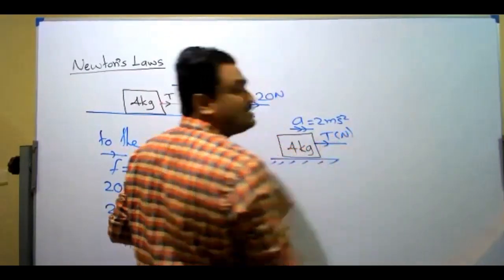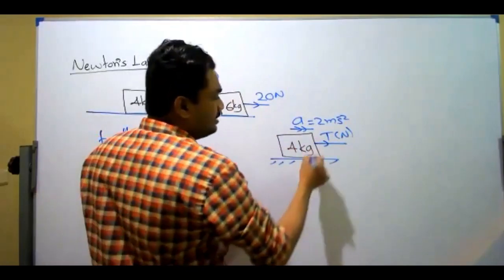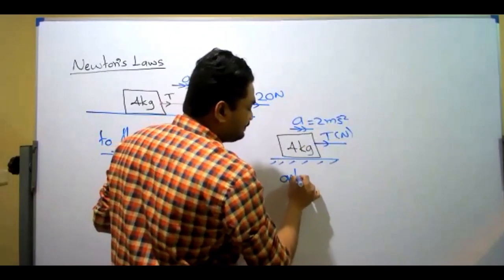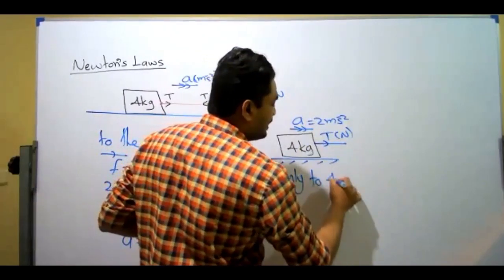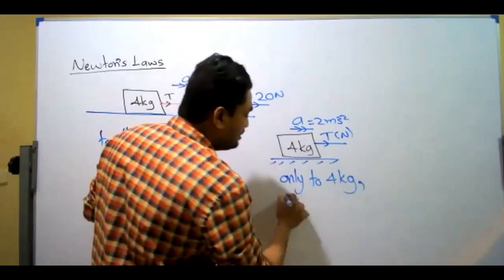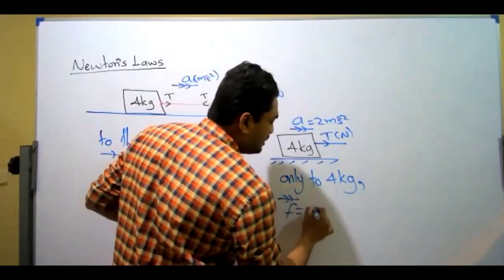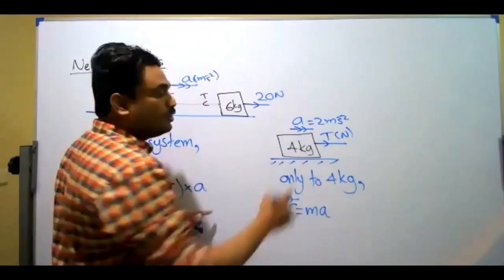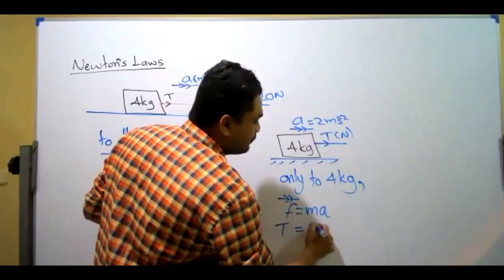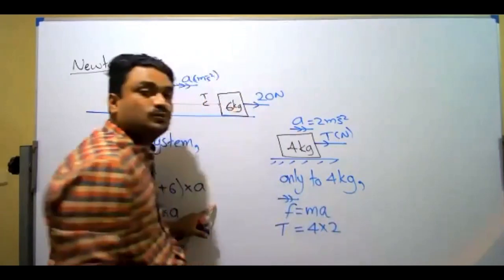So here I want to find this capital T. What should I do here? It's better if you draw this figure. Only to the 4 kg object, to this direction, I can apply F equals mA. The only force acting on the 4 kg object is capital T. Mass is 4, acceleration is 2.